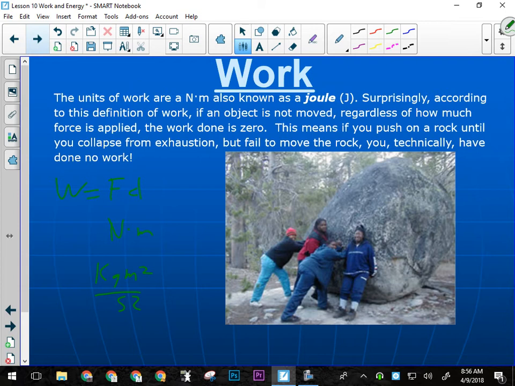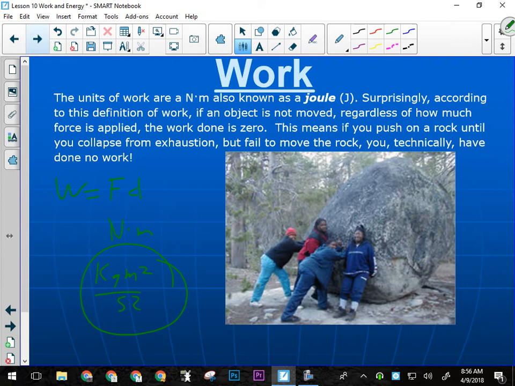So a joule, which is the unit for energy, is a kilogram meter squared per second squared. You never have to write it that way, just write it as joules. But if you have to do any dividing or multiplying, you may need to know what the units are. Questions on that one?